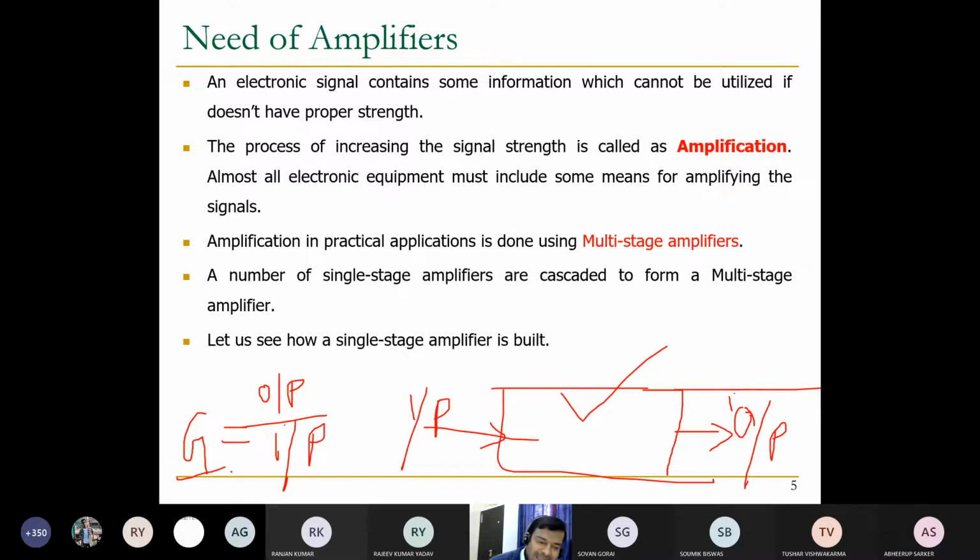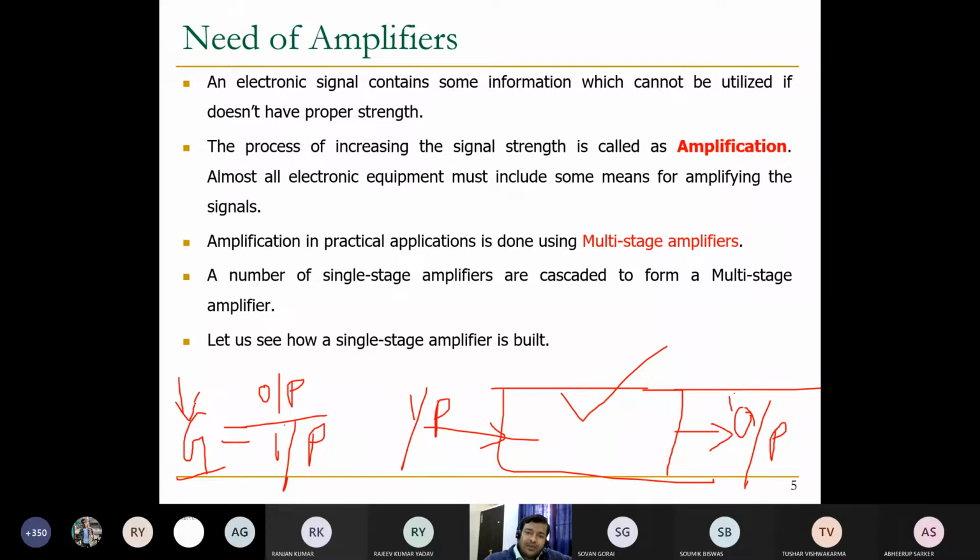So for any application, first, based on your target application, you have to fix how much gain you have to achieve. Then the rest of the parameters you have to fix. That's all. For any application, any circuit, based on your target applications, you have to define the specifications of your circuit, and based on the specification you have to design it.